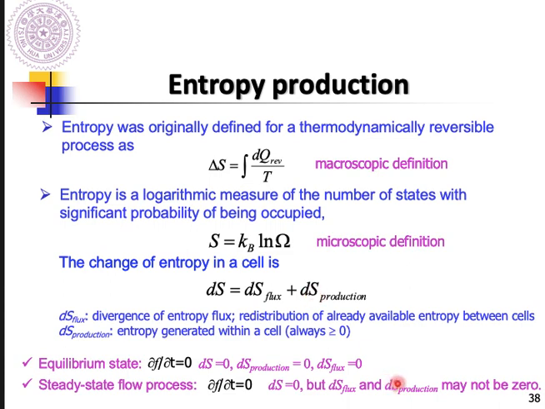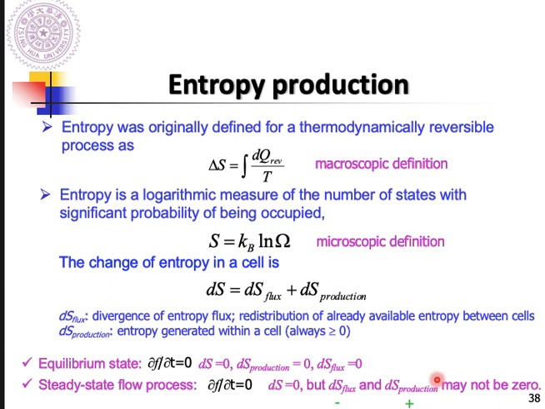So this must be positive. In order to allow dS to equal 0, the dS flux term must be negative. After you sum them up, you get dS equals 0, right? So this is a very big difference between the equilibrium state and steady state in entropy production.